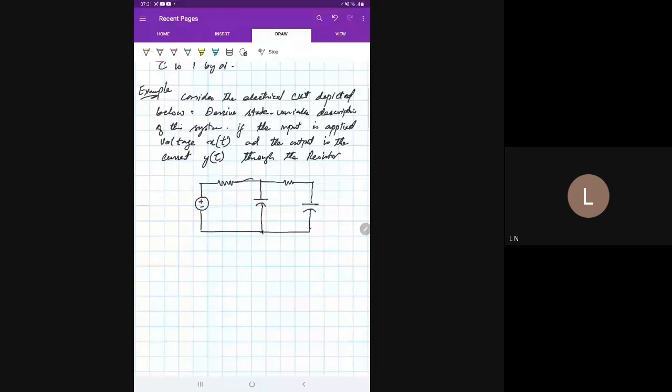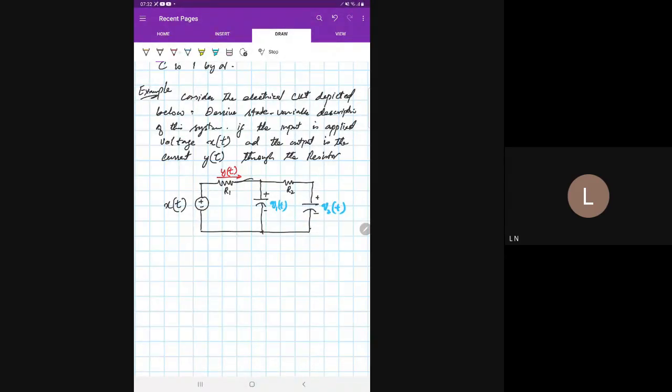It is mentioned in the question that the input is applied as voltage, which is x of t, and the output is y of t, which is the current through the resistor R1. So we have resistor R1, resistor R2, and voltages across these two capacitors as Q1 of t and Q2 of t.